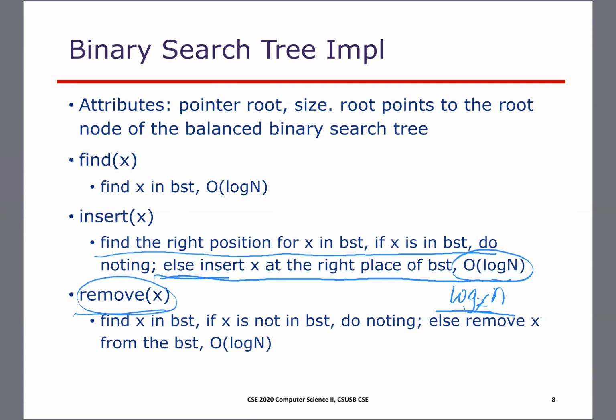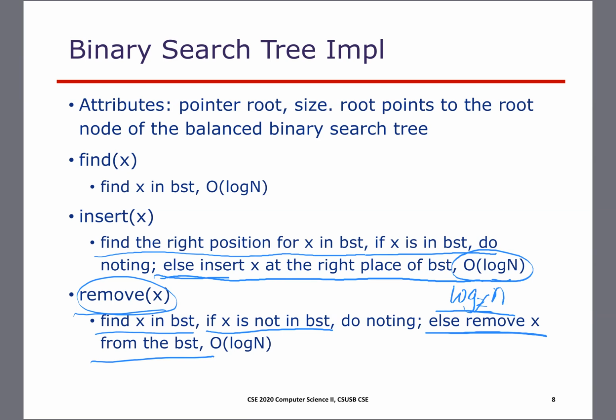Remove element x. We need to find x in the binary search tree. If this element is not in the binary search tree, we do nothing. If x is in the binary search tree, we find it and then remove x from the binary search tree. This is the remove operation of the binary search tree.